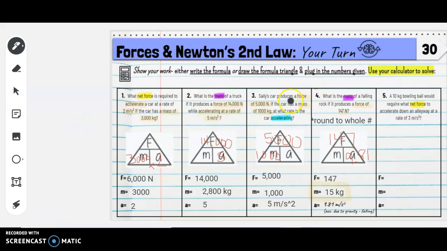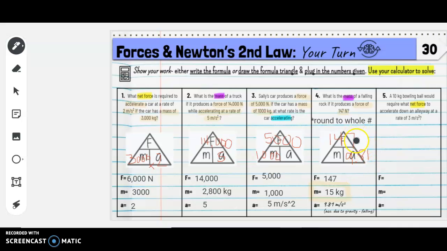For number 4, it asks what the mass of a falling rock was if it produced a force of 147 newtons. So, since it was falling, again, the acceleration was given to you, 9.81. The force was also given to you, 147. So in our formula triangle, force is on top of acceleration. So you had to divide those two numbers.